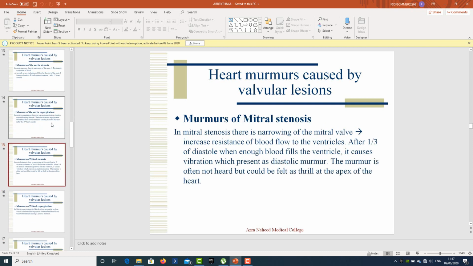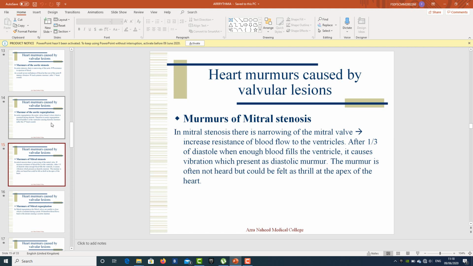Then murmurs of mitral stenosis. In mitral stenosis, there is narrowing of the mitral valve, leading to increased resistance to blood flow into the ventricle. After one-third of diastole, when enough blood fills the ventricle, it causes vibration which presents as a diastolic murmur.